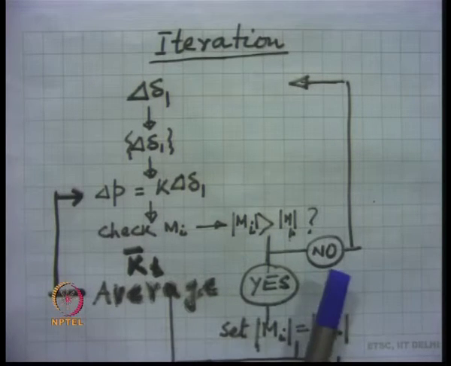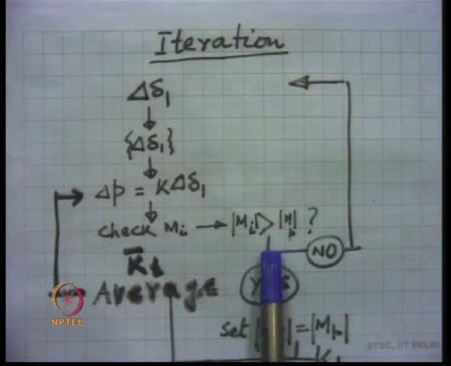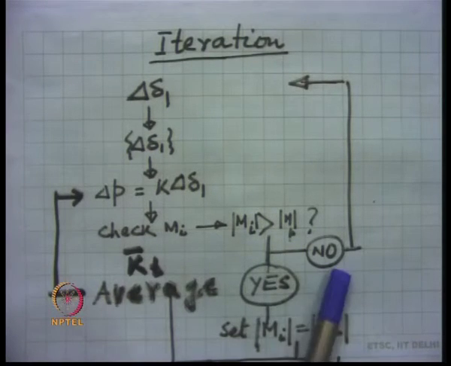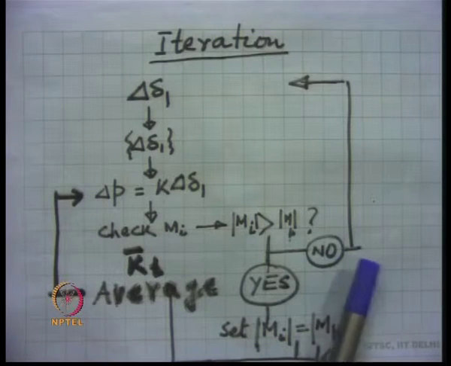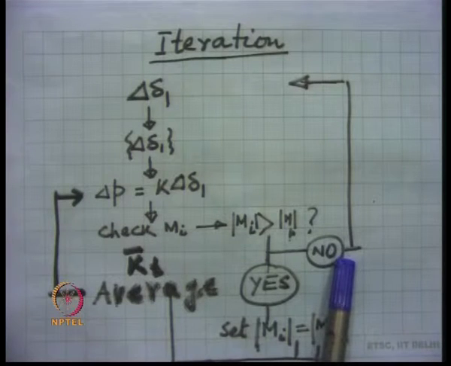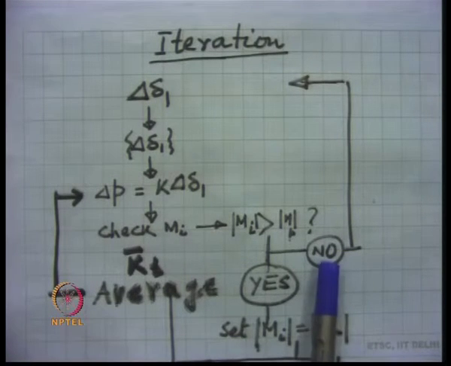Now, if it is not greater than MP, that means it is elastic, or if it is just equal to MP, then handling that is very simple.